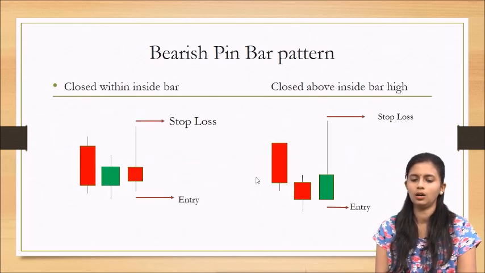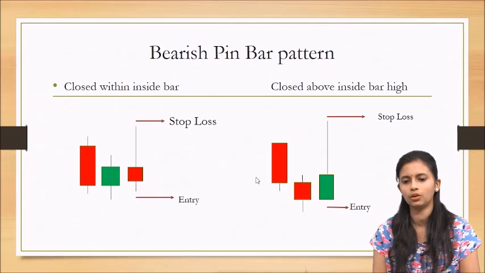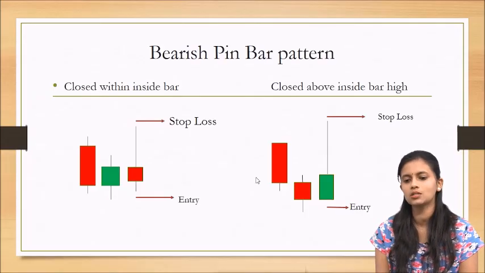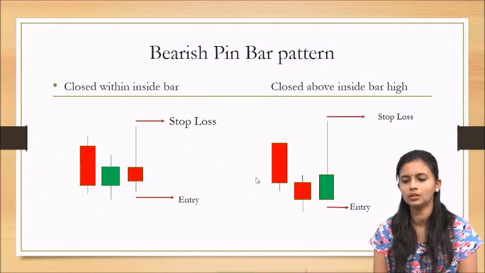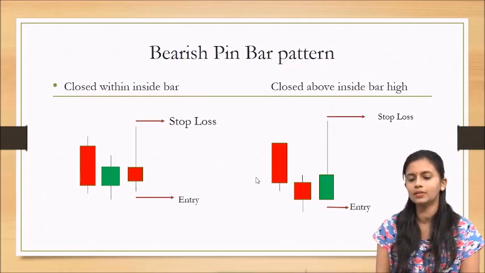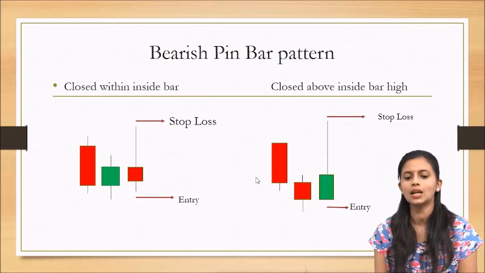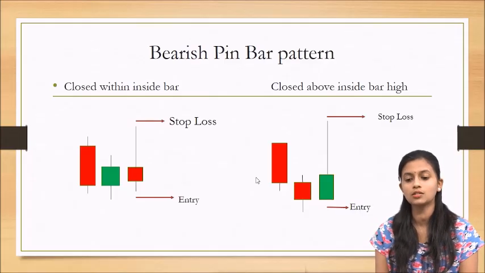Now here you can see, as I already told, the bearish pin bar pattern. This pattern is usually found in patterns like double top or double bottom, or wherever you find resistance lines and support lines, the chances of these types of patterns coming in are more.